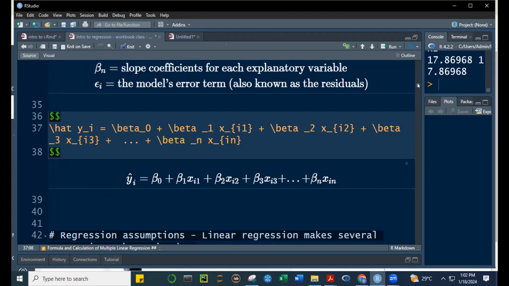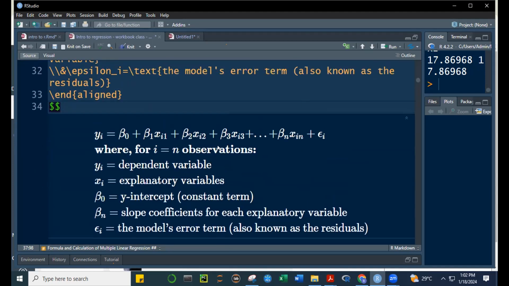Now, as compared to this one, your y sub i is equal to, so this is your actual value, equal to your predicted value plus a certain error term. Because usually they will not be equal, so you add a certain value here to make them equal.